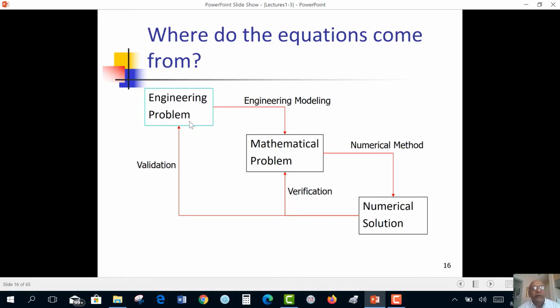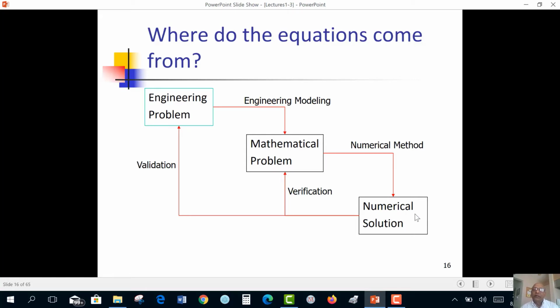But for real engineering problems, often the resulting mathematical problem is maybe too complex to solve with pencil and paper. Maybe it does not have an exact solution, in which case we use a numerical method to solve this problem and we get a numerical solution. Once we get the numerical solution, remember it is an approximate solution.